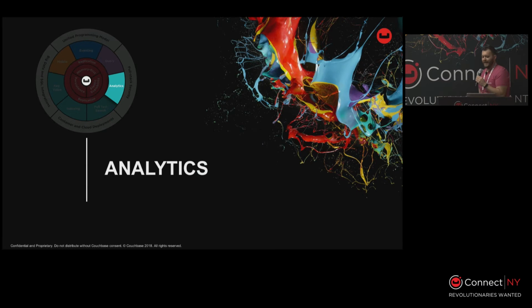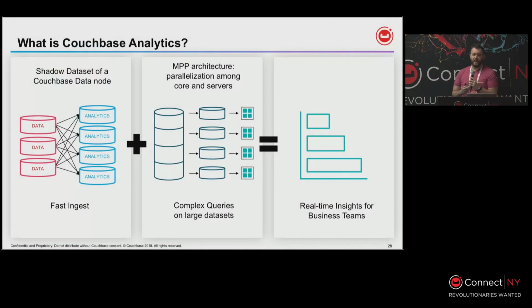Okay, for analytics. Analytics is available as a beta service in Couchbase today and in Couchbase Server 5.5. But analytics is slightly different than what you would expect to see from Nickel or full text search. Analytics uses what we call a shadow data set, where, think of it as just an entire copy of the data set.